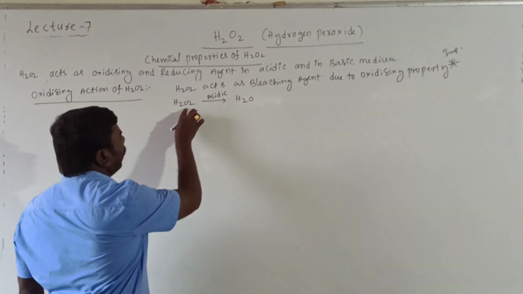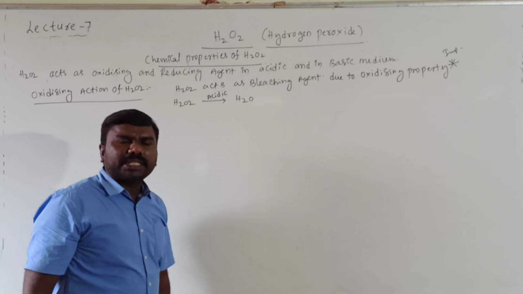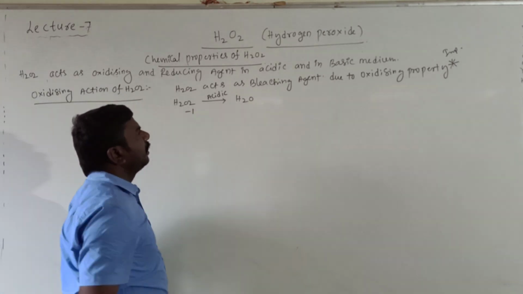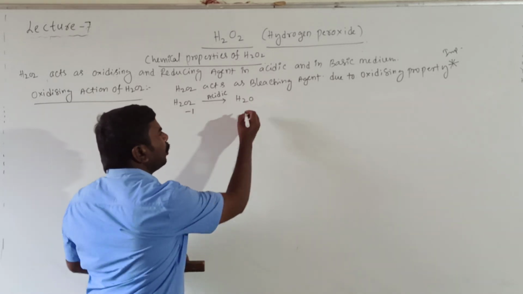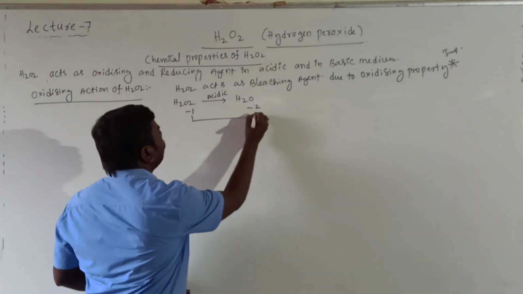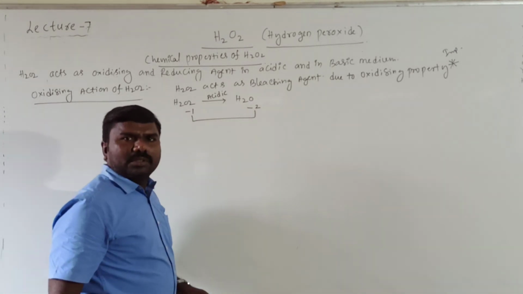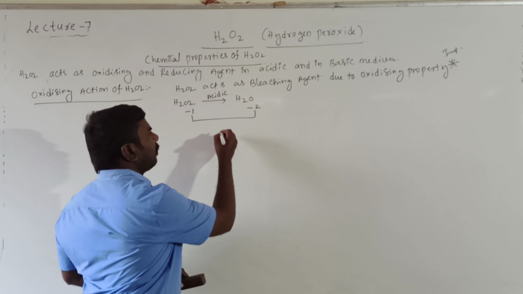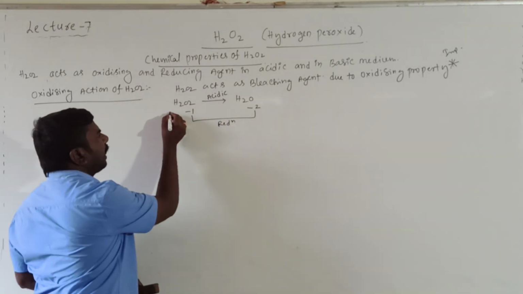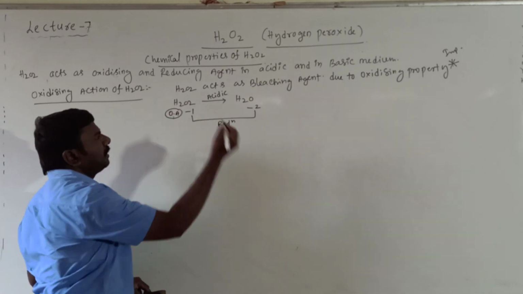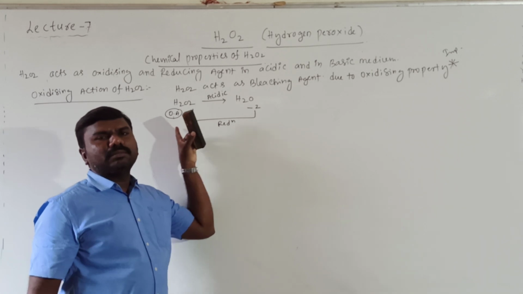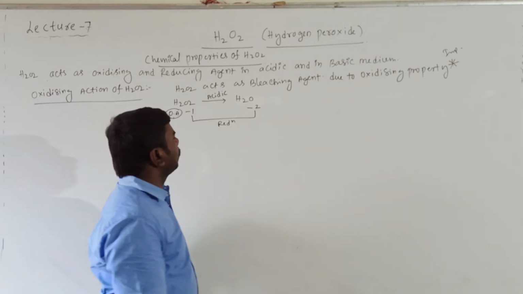H2O2 is a peroxide; peroxy oxygen has an oxidation state of -1. In H2O it is normal oxygen, with oxidation state -2. So -1 goes to -2. A decrease in oxidation state is called reduction. H2O2 itself is involved in reduction, but acts as an oxidizing agent.